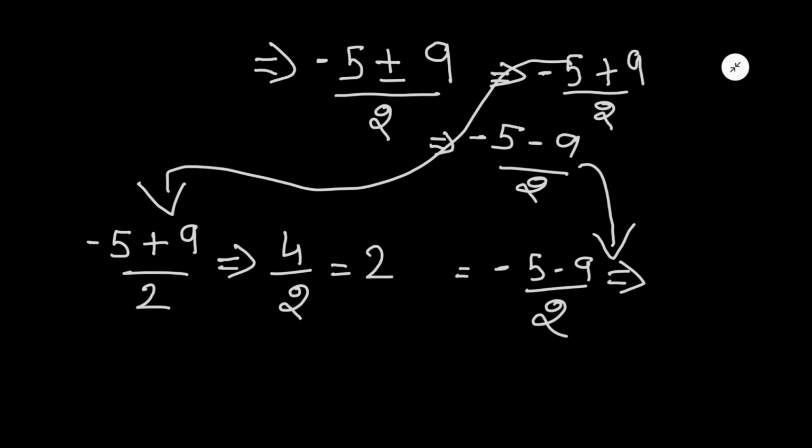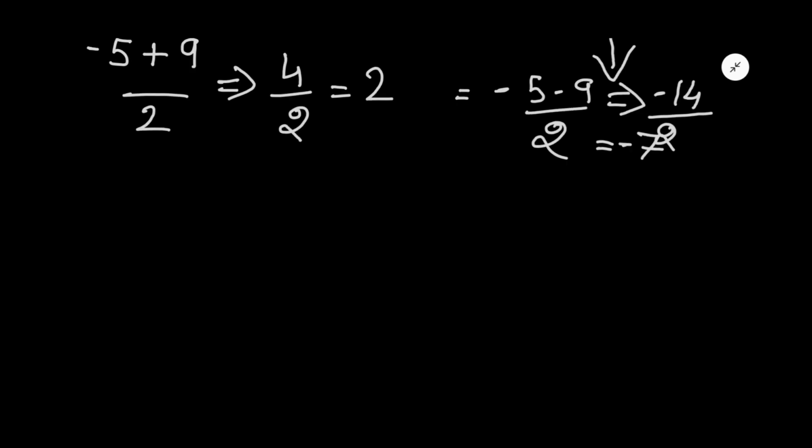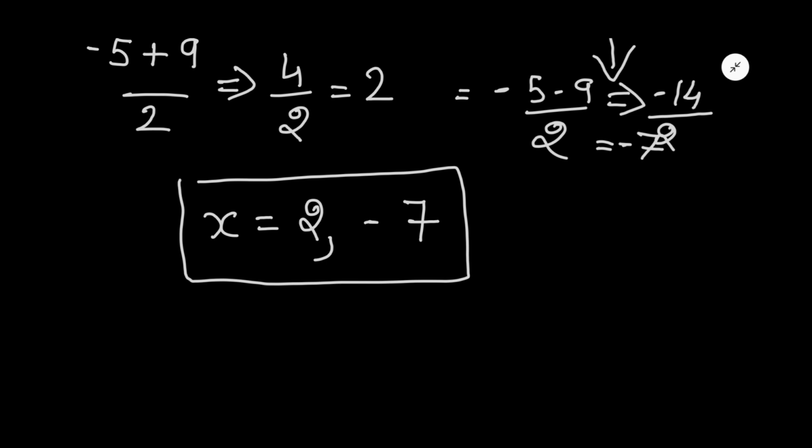This is equal to minus 14 upon 2, so this is minus 7. So here you can see our two roots come out to be 2 and minus 7. This is how you can use the quadratic formula to find the roots of any quadratic equation.